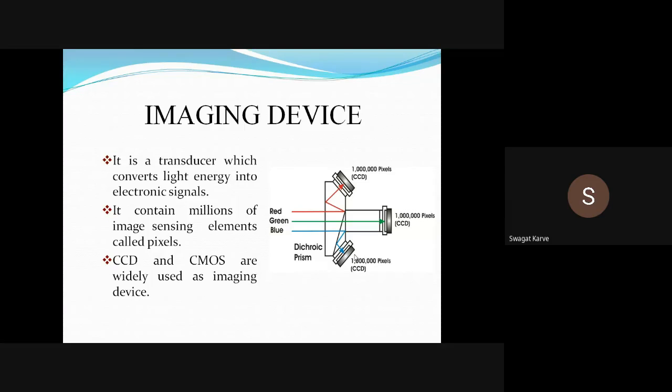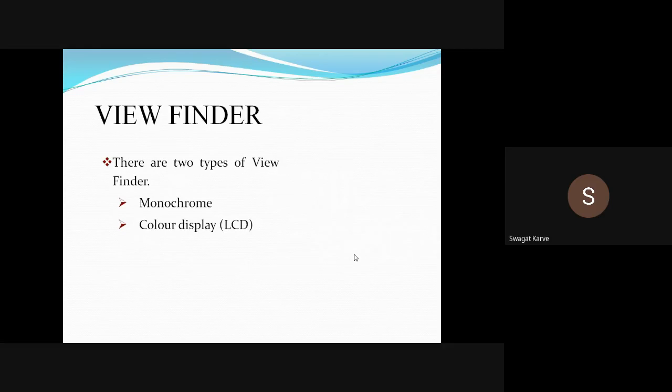So that dichroic prism will be able to split that RGB, depending upon its wavelength, and send it to its respective sensor, or it will help that light reach its respective sensor. So this is how the imaging devices, or the imaging sensors, are able to capture the image.